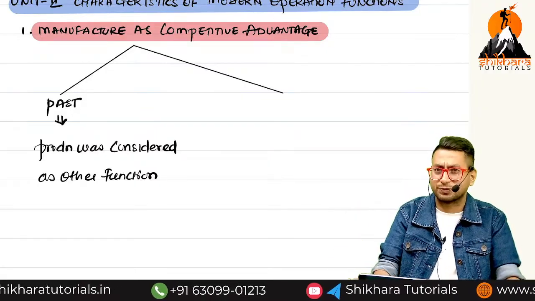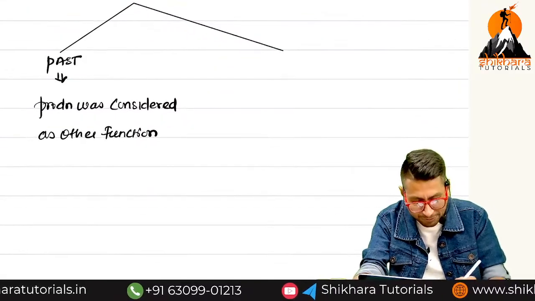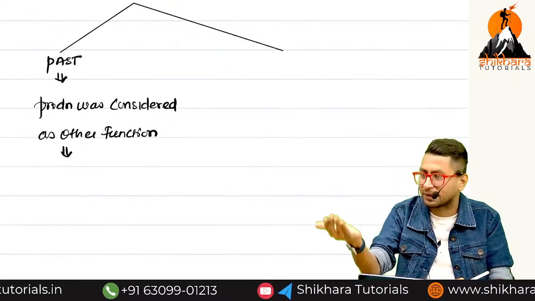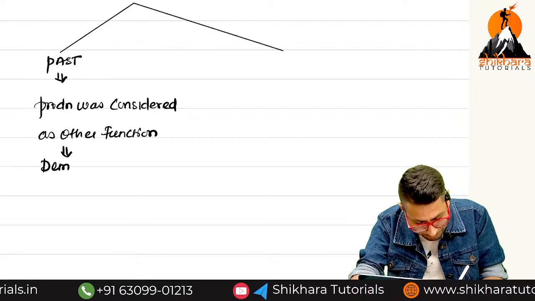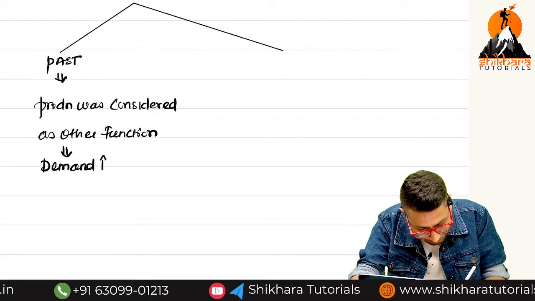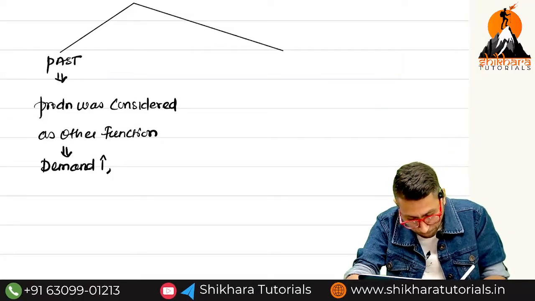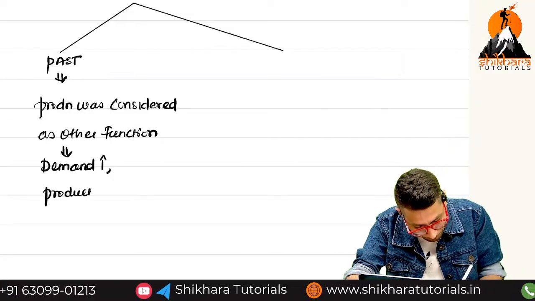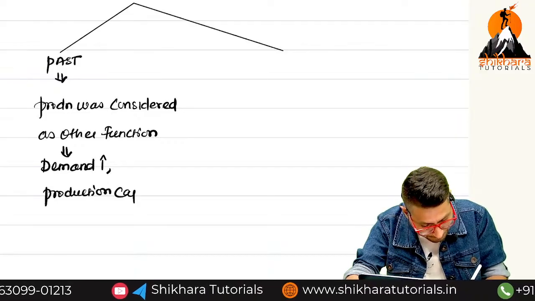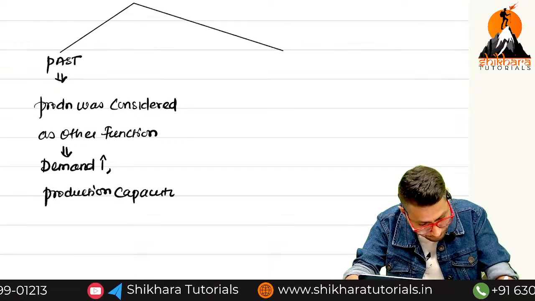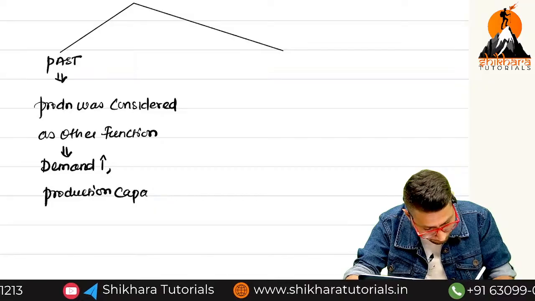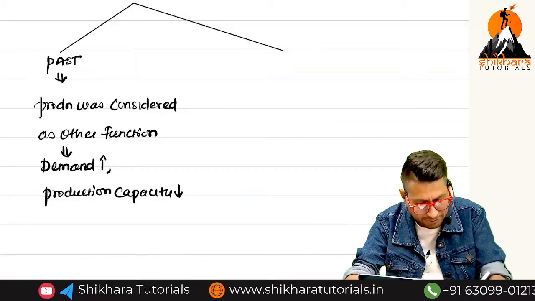That is why, starting 40-50 years back, when there was an increase in demand, but the production capacity was very less, suddenly what happened?